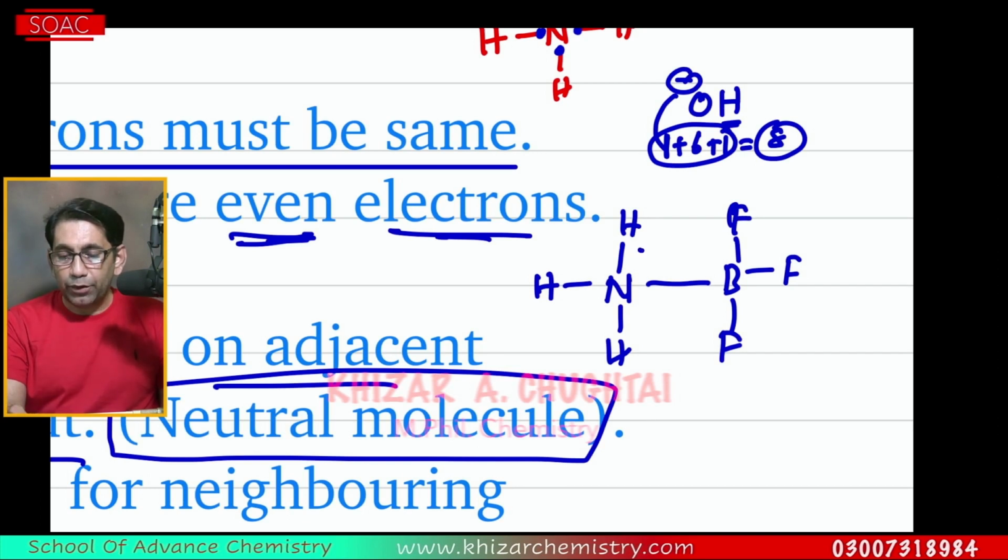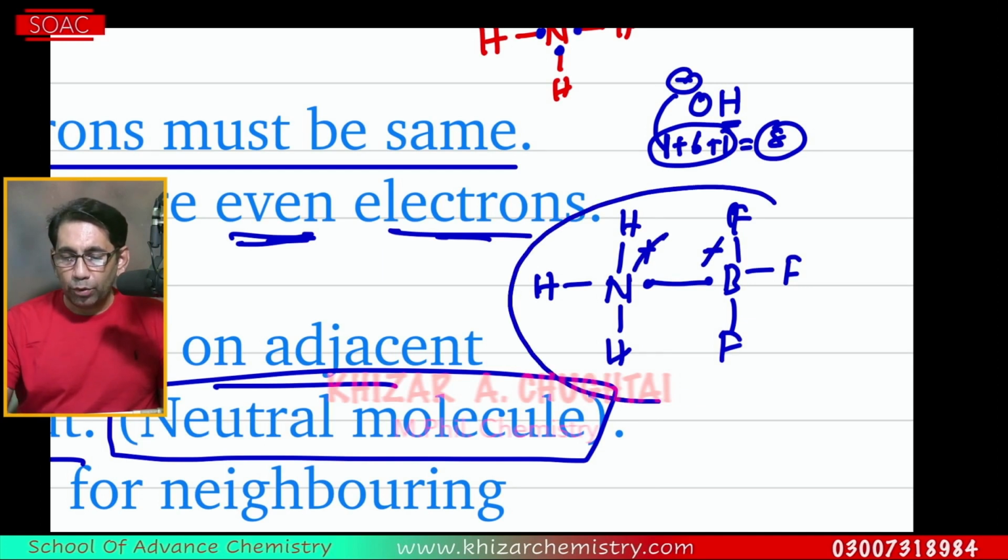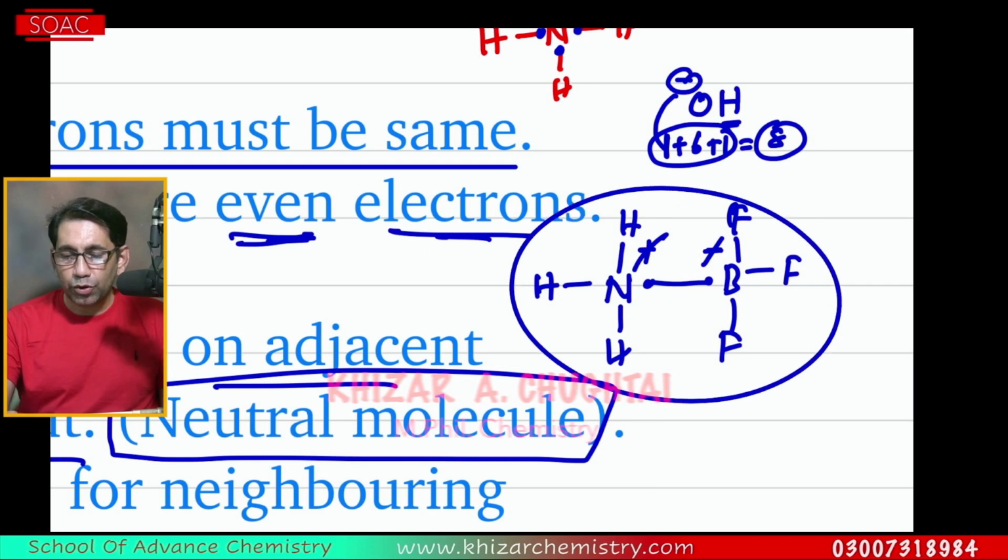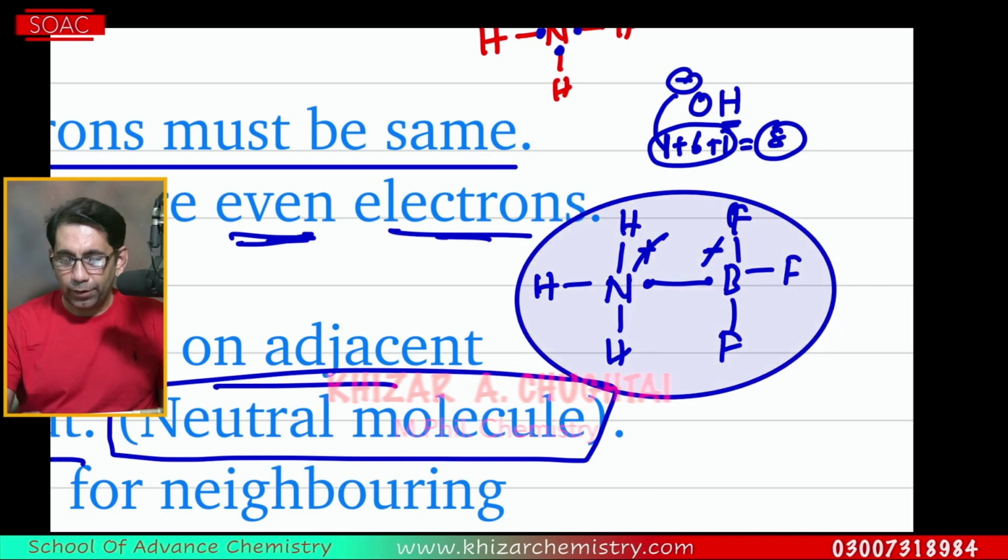In fact, this nitrogen has a positive charge, as I have told you, because nitrogen is making 4 bonds. And this boron has accepted 1 electron, so it has a negative charge on it. So they will cancel out. The overall molecule will be a neutral molecule.